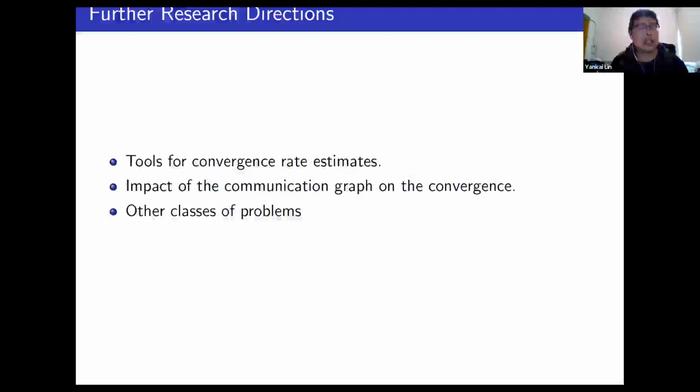The last one is to extend this work to other classes of problems, for example, things coupled via inequality constraints, or an online setting where the optimization problem is time varying. It's very interesting to see how the algorithm behaves in those settings. So that's all for today. Thank you for listening and stay safe.